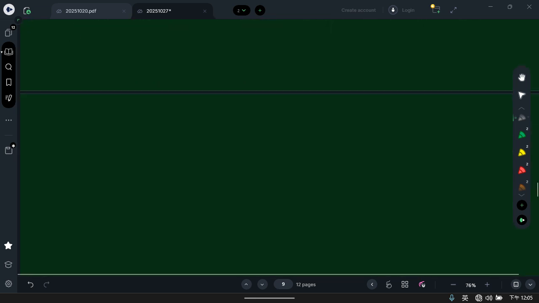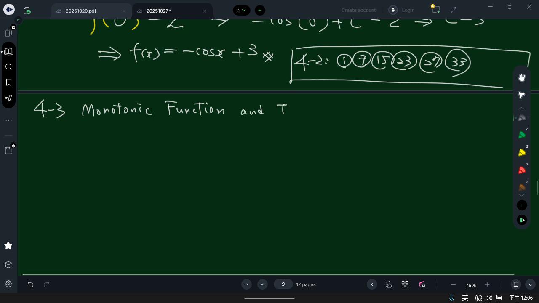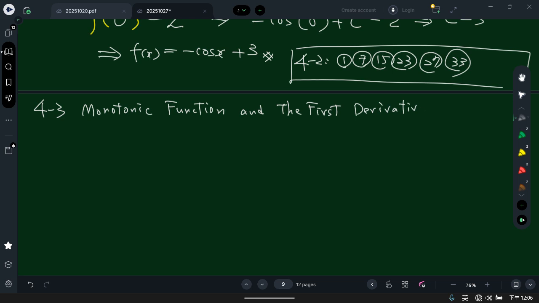So let me just slightly introduce section 3. That we will talk about the monotonic function. Monotonic means 单调函数, and the first derivative test.